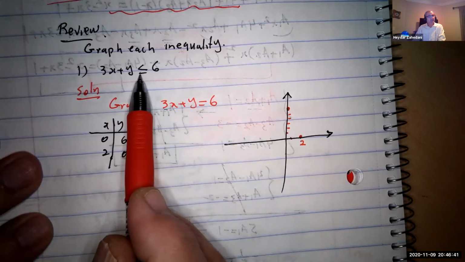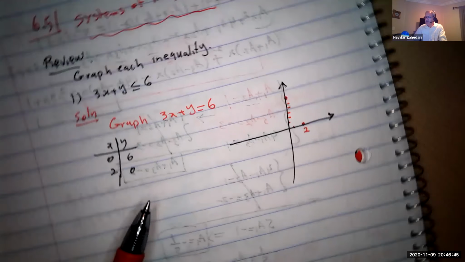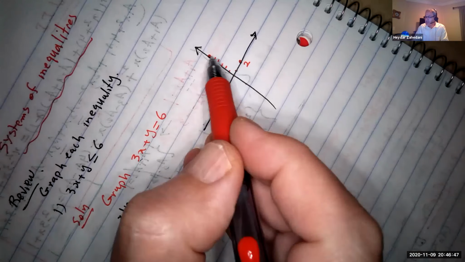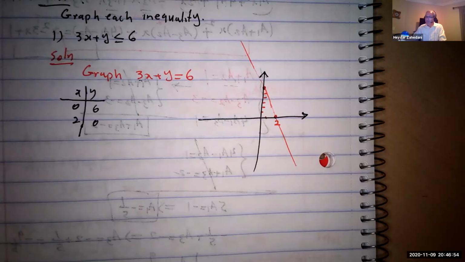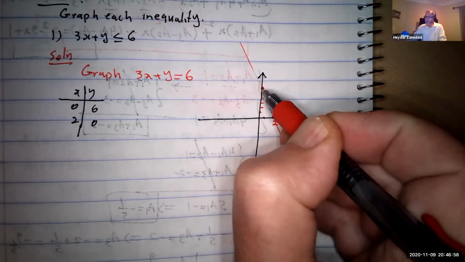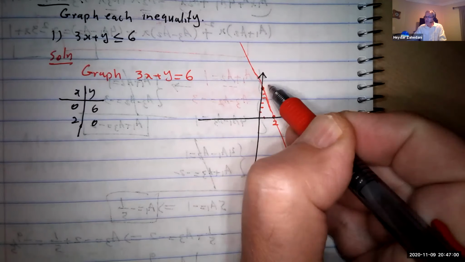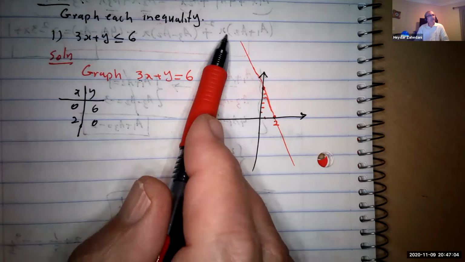If this equality is not given to you, we use the dotted line. So in this case, it's going to be a solid line. In the case of the equation, the graph of the line is going to be every point on the line.